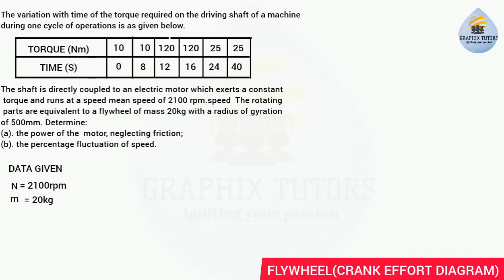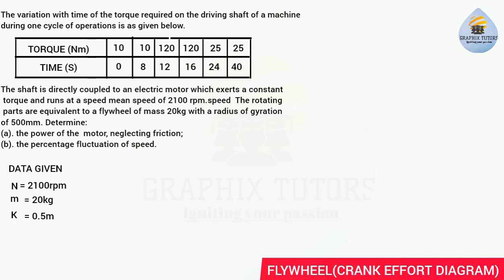The radius of gyration can be written as r or k, but we're using k, equals 500 millimeter. You convert it to meter, you divide by 1000, and that will give us 0.05 meter.